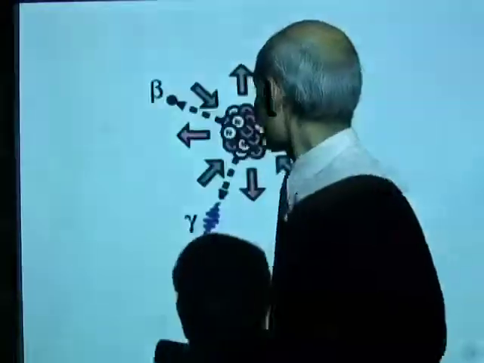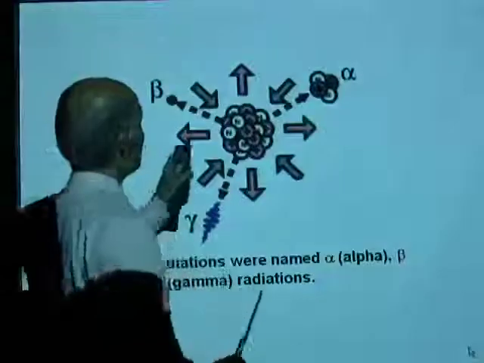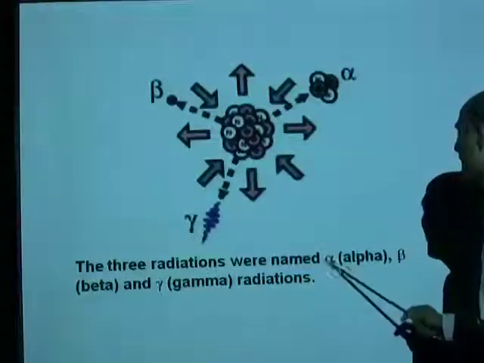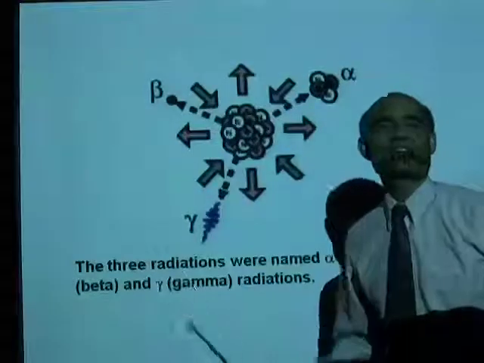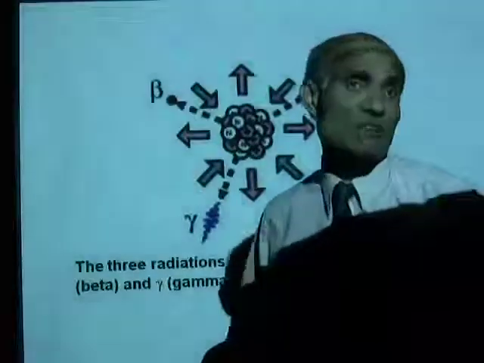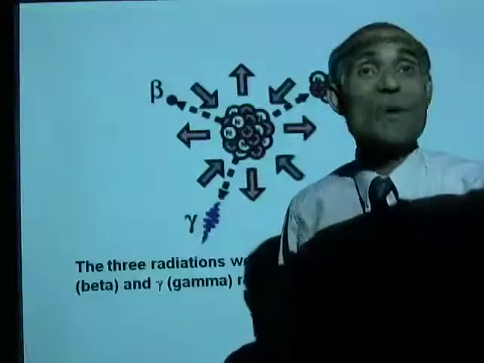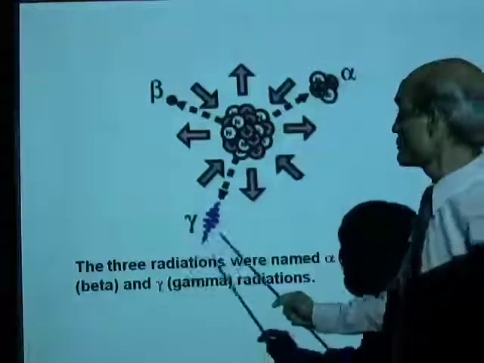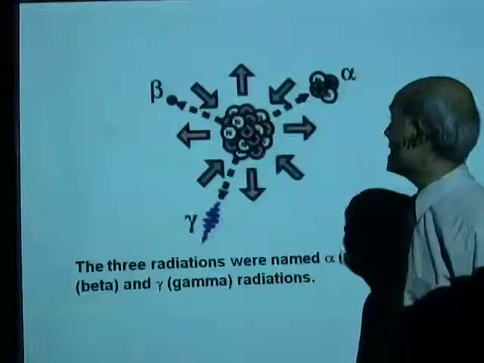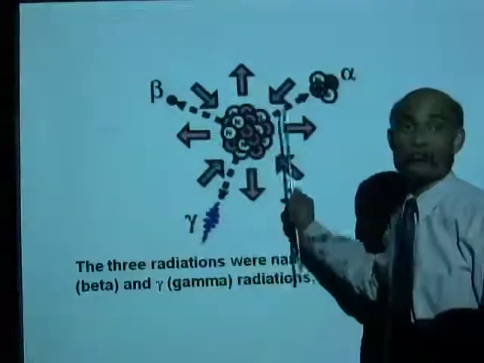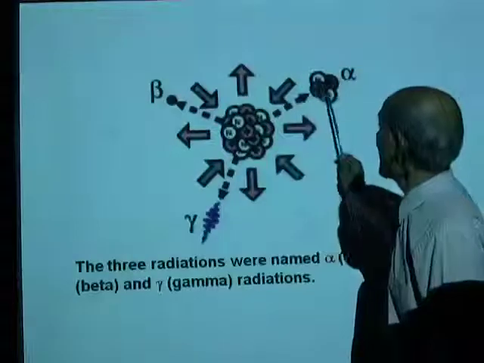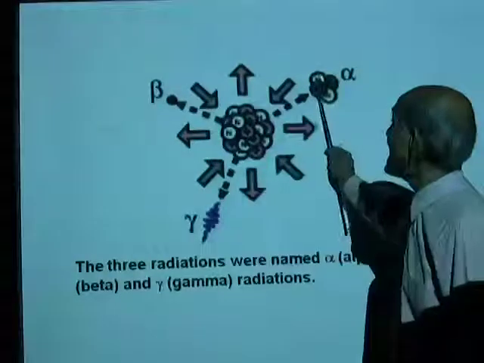Now, you have these 3 types of radiations. Becquerel simply named them alpha, beta, and gamma radiations. Just like we call things we don't know much about A, B, C, or X, Y, Z, these radiations were called alpha, beta, and gamma radiations. Now look at this picture. Alpha radiations are massive.